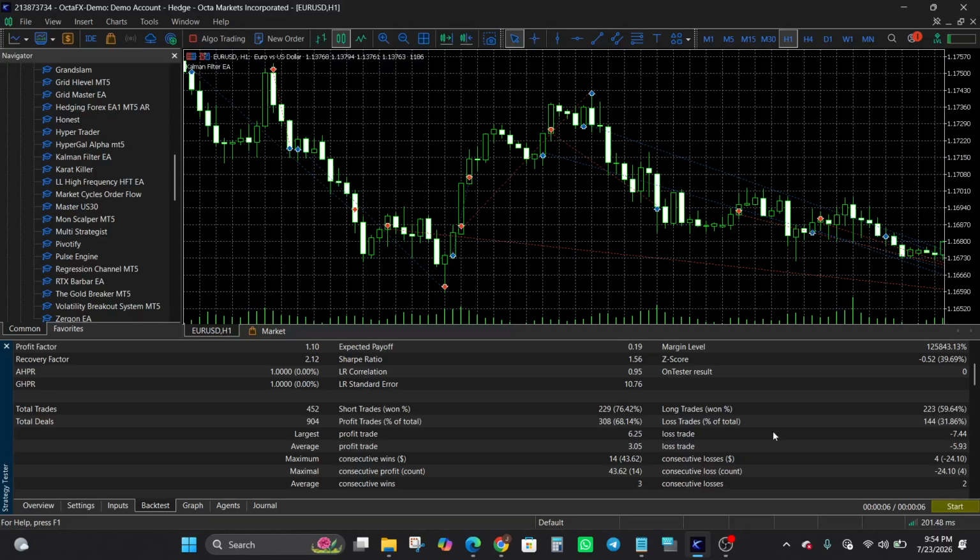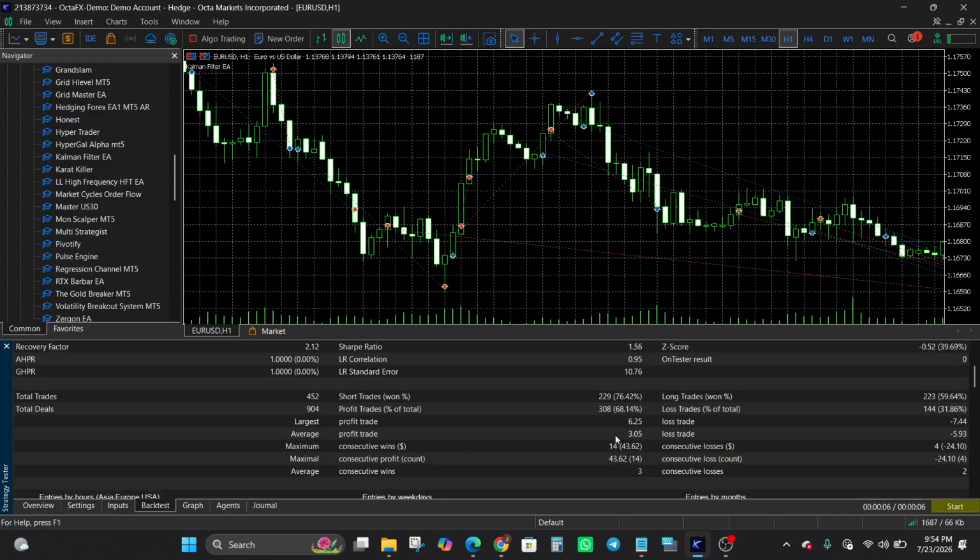Now, reviewing the historical chart activity helps explain why these metrics look the way they do, because the stop loss of 600 points is twice the size of the 300 points take profit target. The average losing trade of 5.93 is larger than the average winning trade of 3.05.